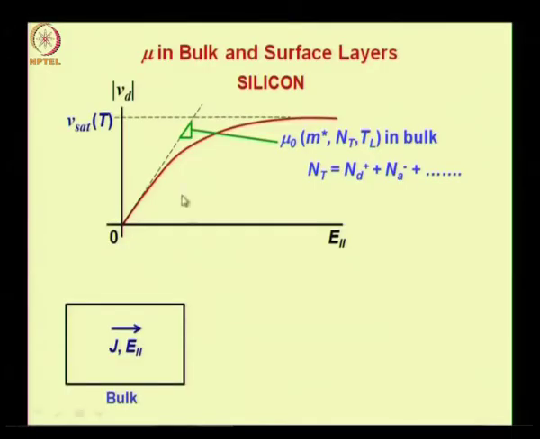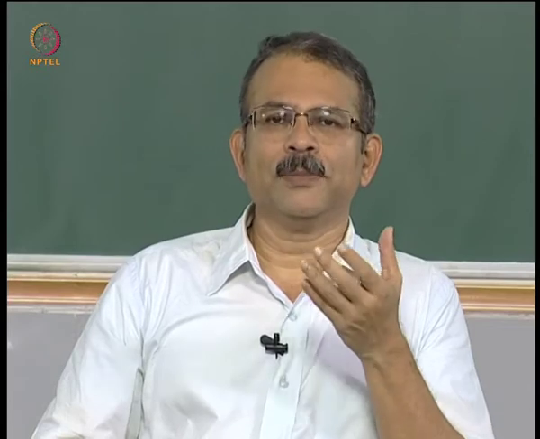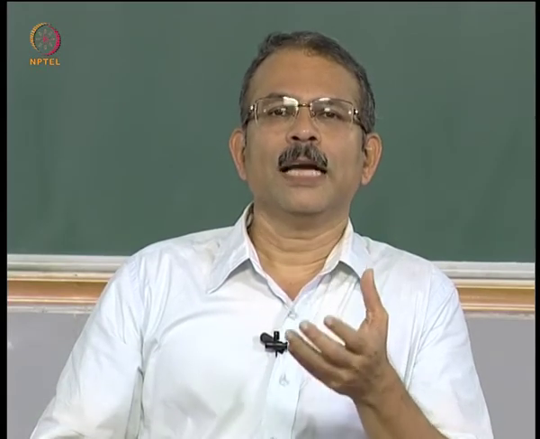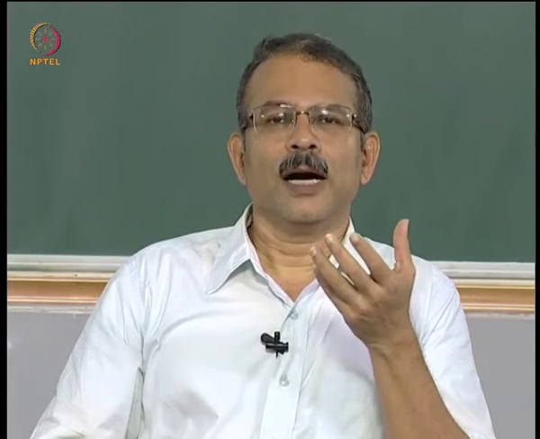In addition to the impurity concentration, mobility also depends on lattice temperature. You would recall that we had said the electron or hole gets scattered by ionized impurities, by phonons and by other carriers.